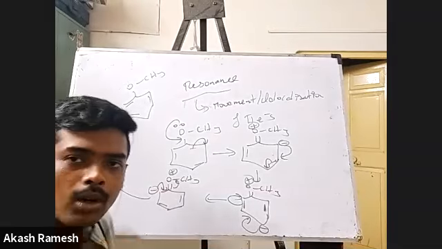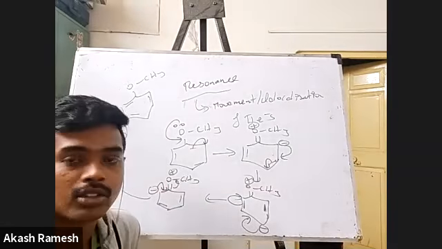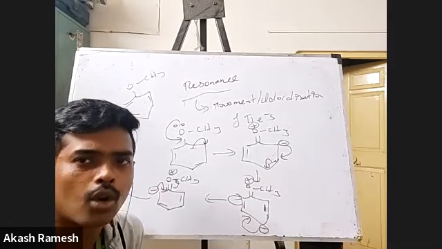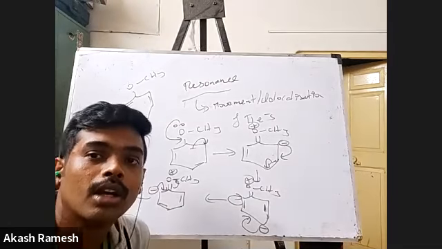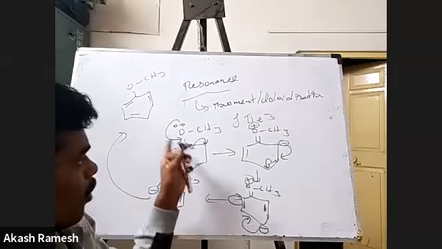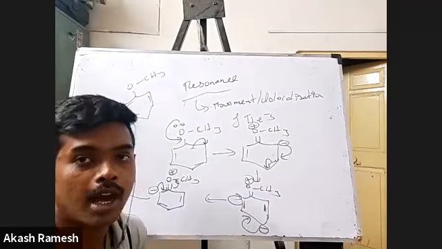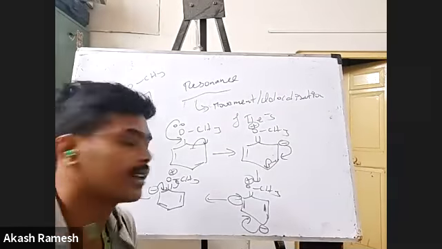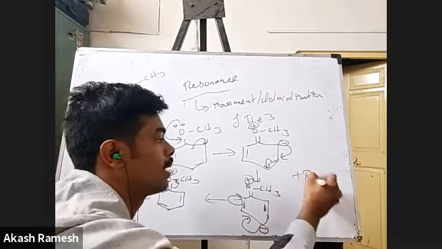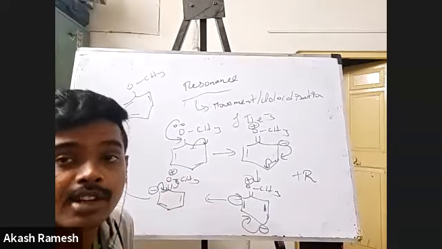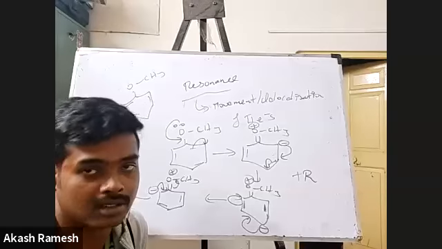We spent a good amount of time solving all of these. We took OH, maybe NH2. So remember, whenever you see that the electron cloud is moving towards carbon, that particular resonance effect is called the plus R effect, if the electron density on carbon increases.